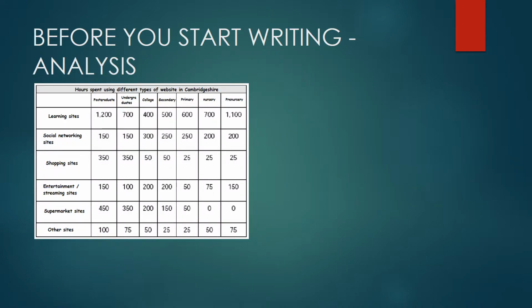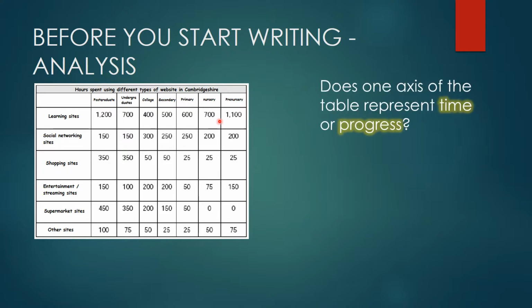Okay, so how do you find the overview and how do you find the three key features? Well, when you look at a table in IELTS, there will almost always be one axis which demonstrates time, the passing of time, or some kind of progress. If we look at our table here, the vertical axis simply has a number of internet site types.